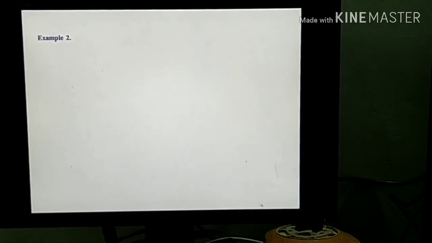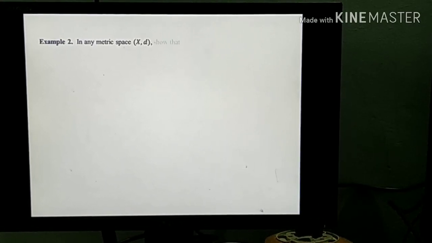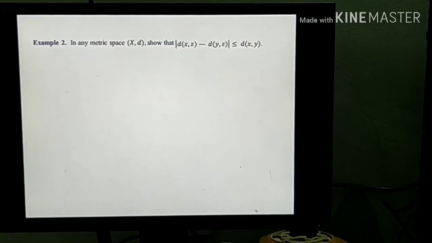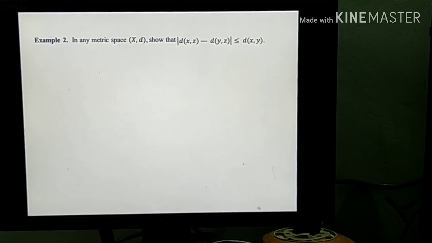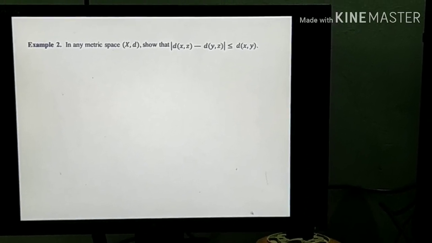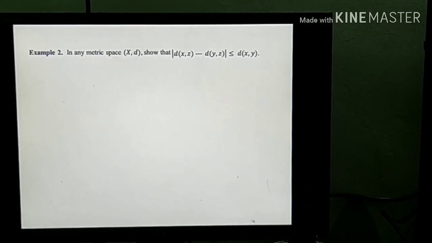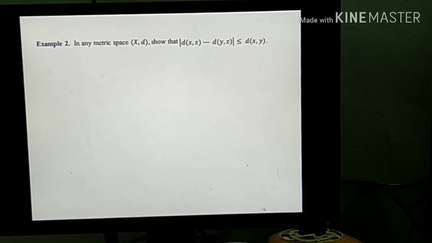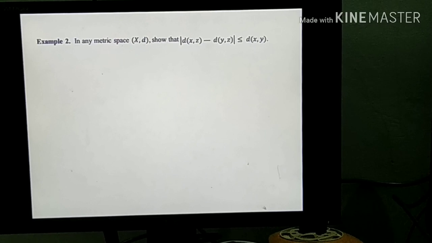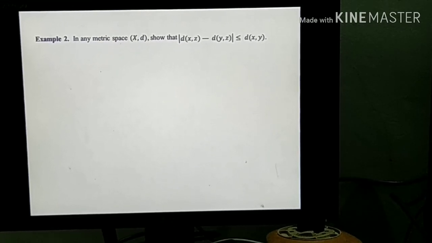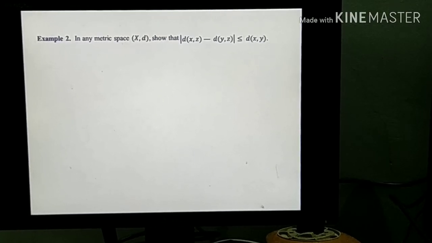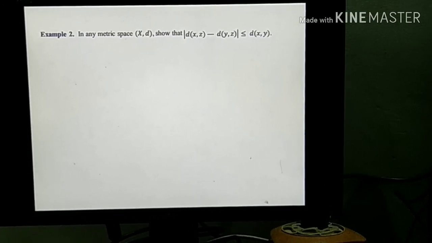Okay, now example second. In any metric space (X,d), show that |d(x,z) minus d(y,z)| is less than or equal to d(x,y). This is very easy to prove. You have to just use the identity for absolute value of real numbers, that is |a| is less than or equal to b if and only if minus b is less than or equal to a is less than or equal to b.